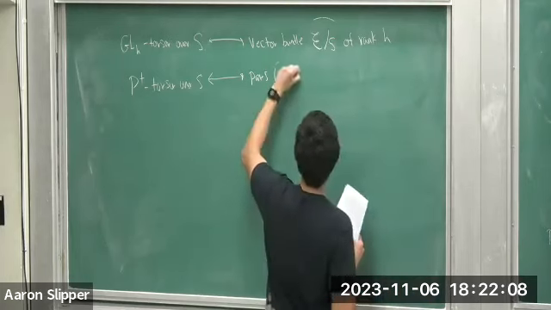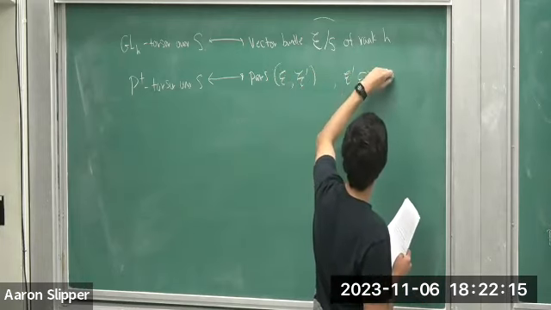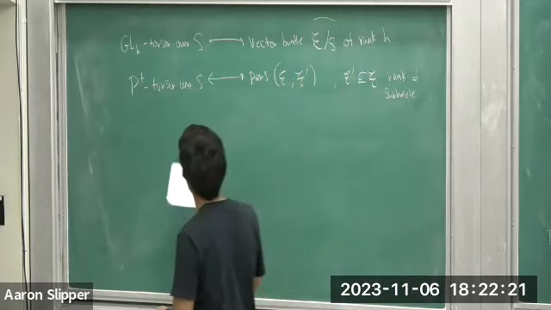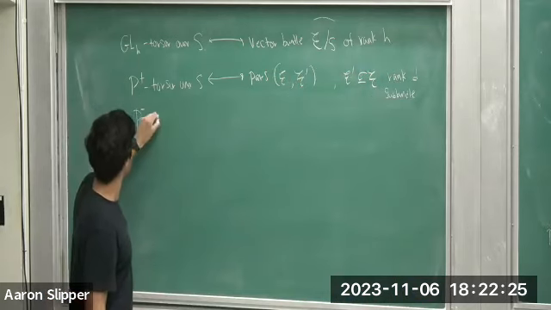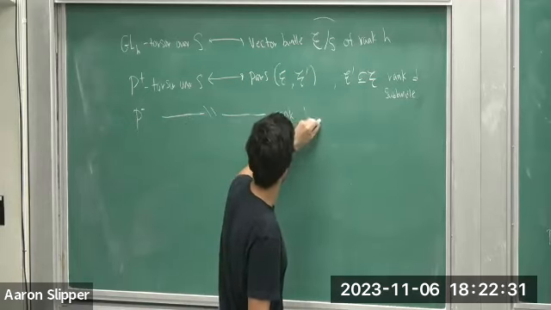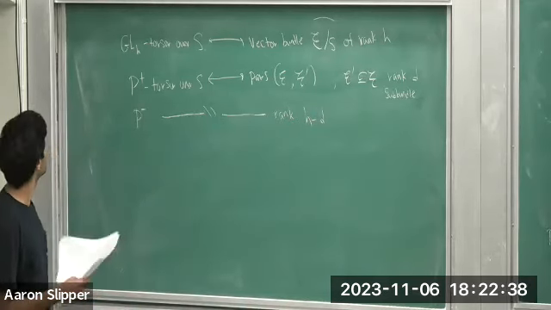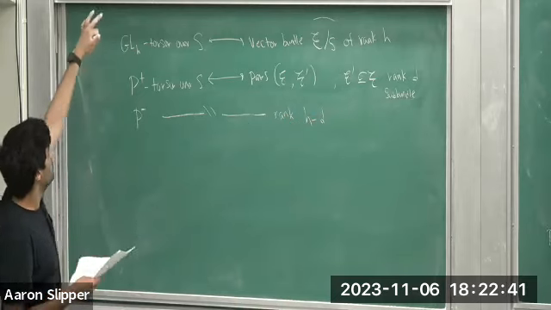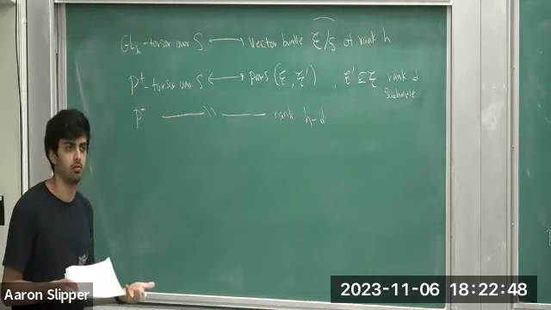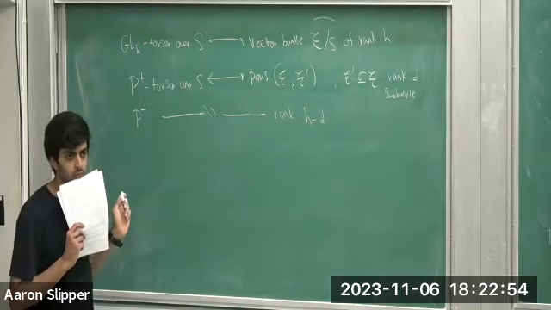And the P minus torsor would be like H minus P. And so what you end up seeing is that the data of the P plus torsor and the P minus torsor together with an isomorphism of their GLH torsors is the same as giving a single vector bundle together with two subbundles. Well, technically speaking, one of them is a sub, the other one's a quotient.